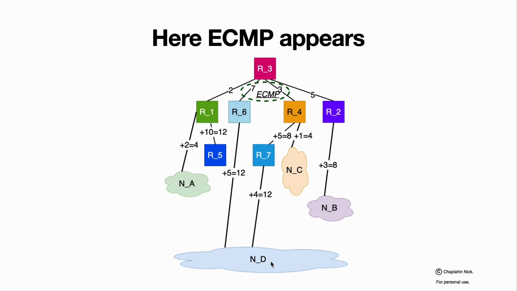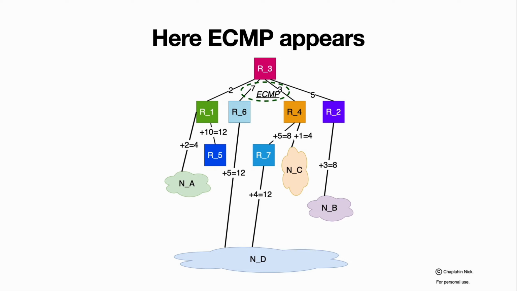So ECMP is not just a set of next hops available on our system, or a subset of next hops available on our system. It's a subset of next hops available for the system when traffic is sent to a specific destination.